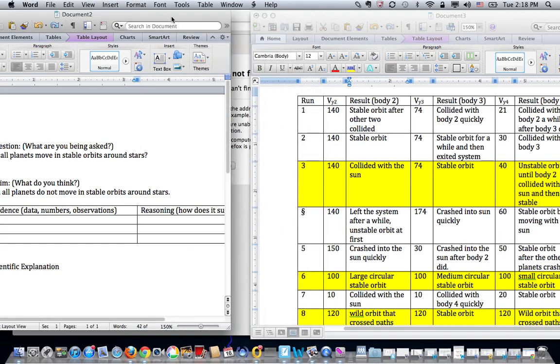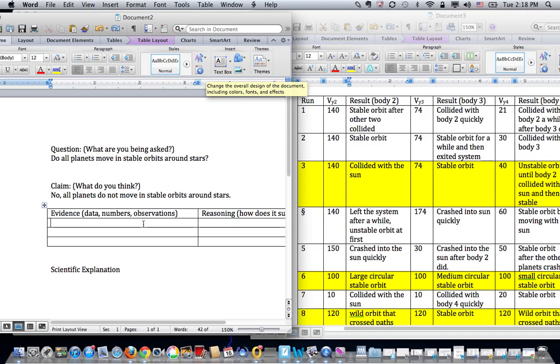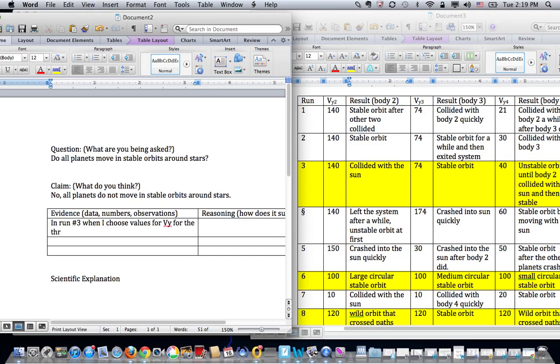let me see that. Oh, that's much better. I'm just going to tell in run number 3, when I chose values or numbers for vy for the 3 planets, and I can decide, I can do this in many different ways.